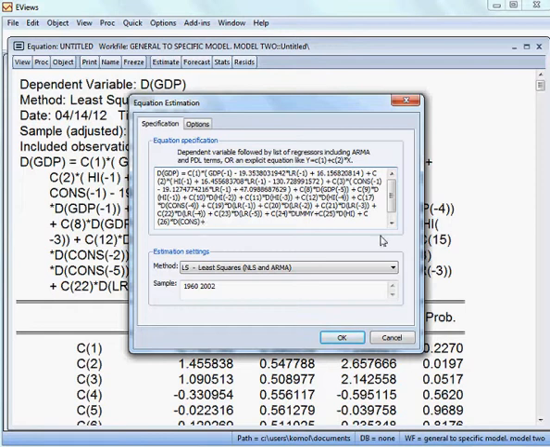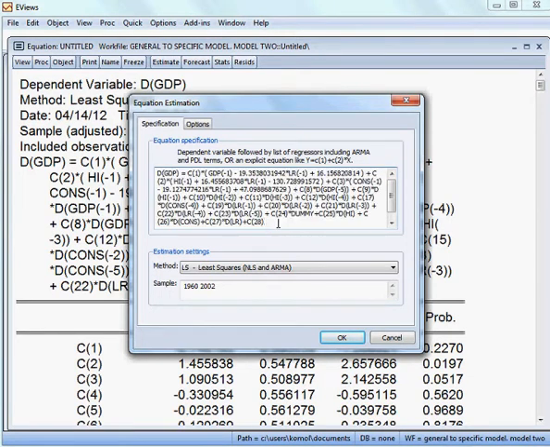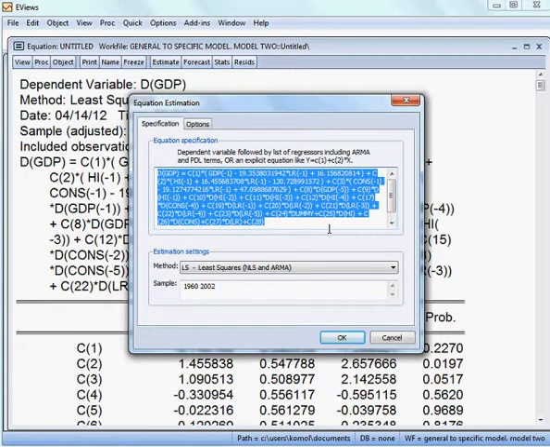Then I add the last variable, which is C27, coefficient 27 star DLR, right? And finally I add the constant of this model. So this one is my model. That is what I have done here.